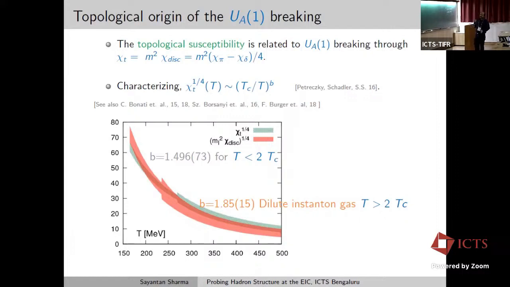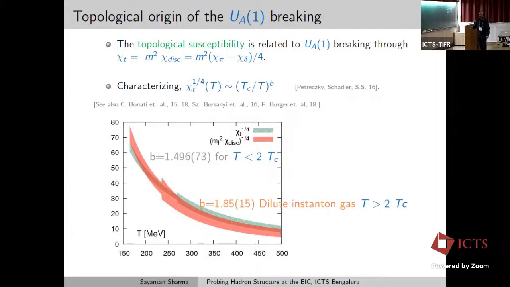This is not calculated using the zero modes of the fermion Dirac operator, but by doing something called Wilson flow and then measuring the E dot B integrated over the space-time volume and its correlation function. Sorry, this is the correlation function of it. This is the green plots, and this disconnected piece of the chiral condensate is measured from the inversions of the fermion Dirac operator. And this band shows the continuum limit of all these quantities as a function of temperature.